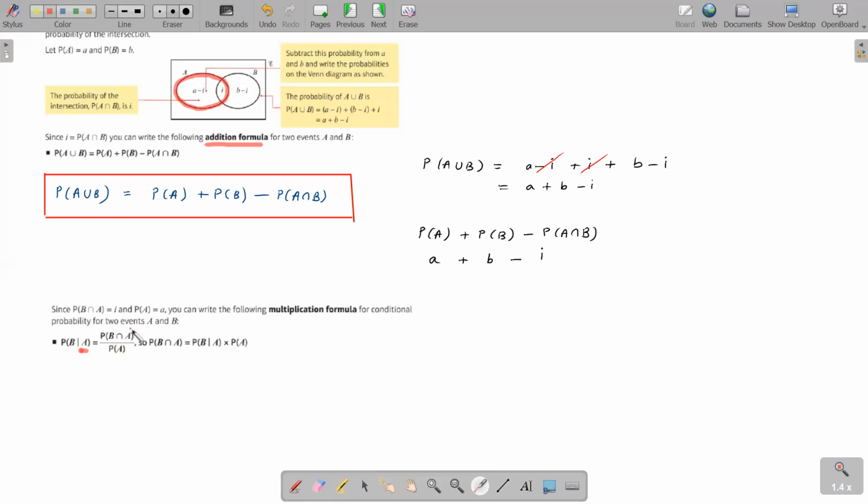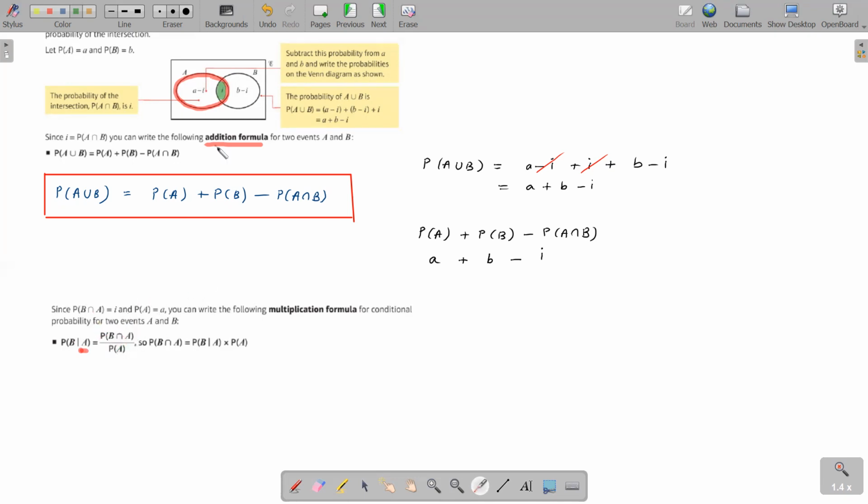You write the probability of B happening inside the set A. This red circle is A. The probability of B happening inside A is this green part. This green section is the only part where B is happening inside of it. Do you agree with me? So that's why we write that probability on top.